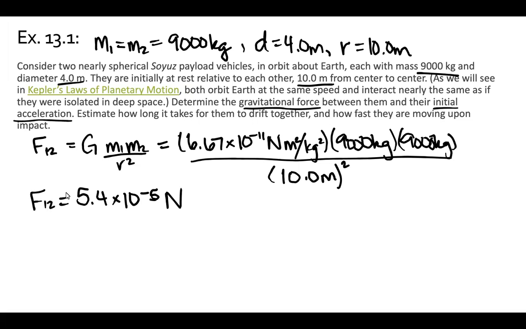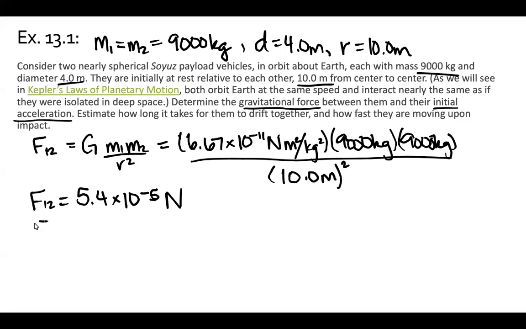So that is the force on object 1 due to object 2, and they will be the same, at least the magnitude will be the same, and we'll see why a little bit later. So this is our gravitational force, and we want to know their initial acceleration.